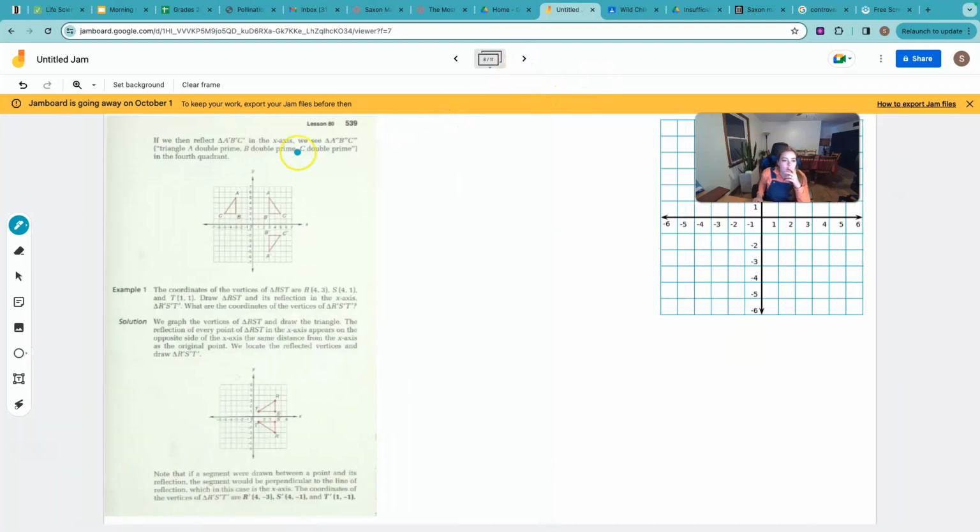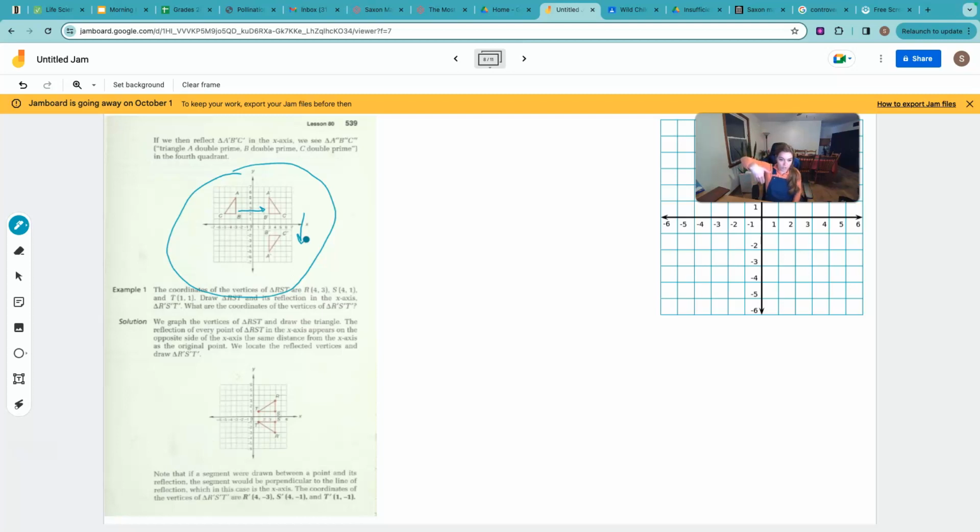Here we have the same triangle situation going on, right? It's been translated and it's been reflected across the y-axis. Now, here's where things get exciting. What will we call this movement? Well, it's been also reflected, except this time it's from this reflection to this reflection, right?